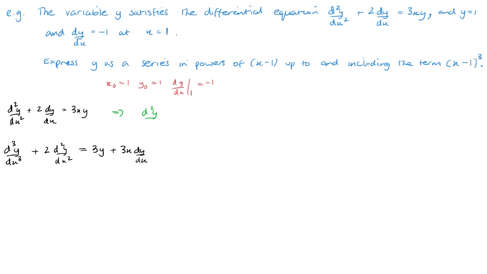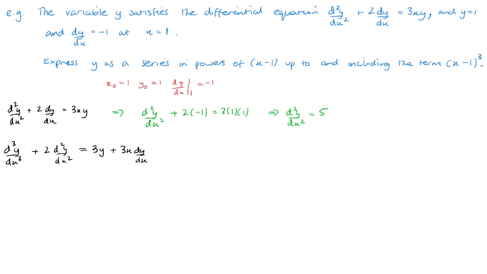So d2y by dx squared plus 2 times minus 1 equals 3 times 1 times 1. So d2y by dx squared equals, this is minus 2 and this is 3, take the minus 2 over and we get 5.